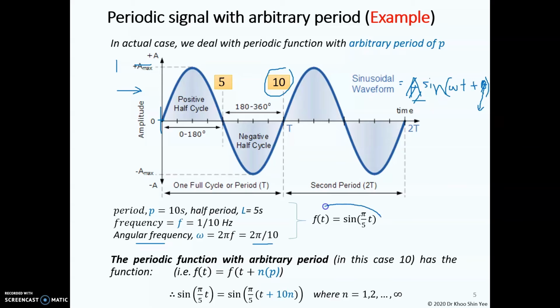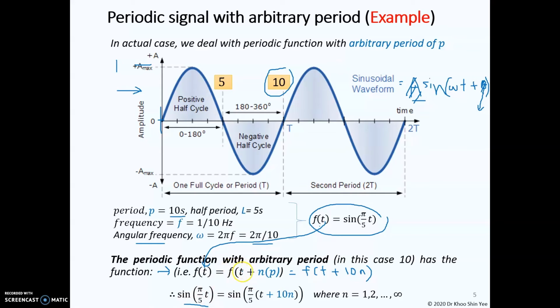To check if this function is a periodic function or not, we can use this formula: f(t) equal to f(t plus nP). So we can substitute the period of 10 seconds inside here. You substitute your function into the left hand side and you obtain this.